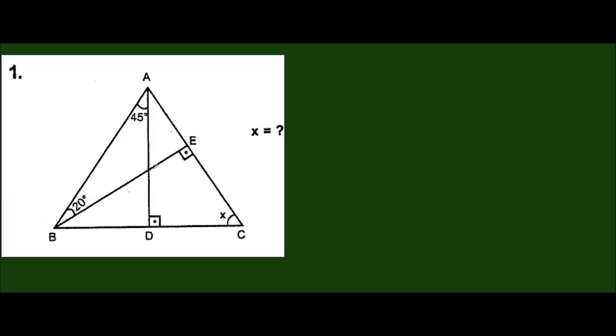So let's move on to the next theme. The first problem is this one. So we have to find out x, and here we know that this angle is 90, 45, 20.